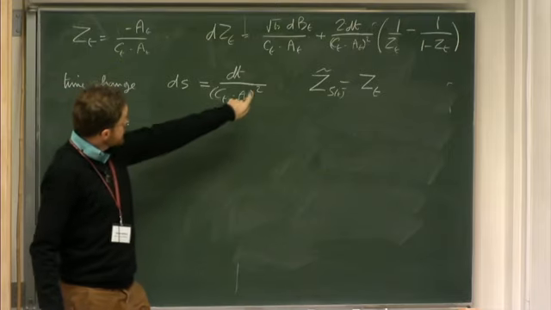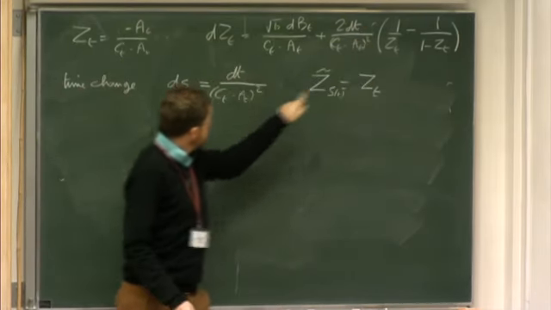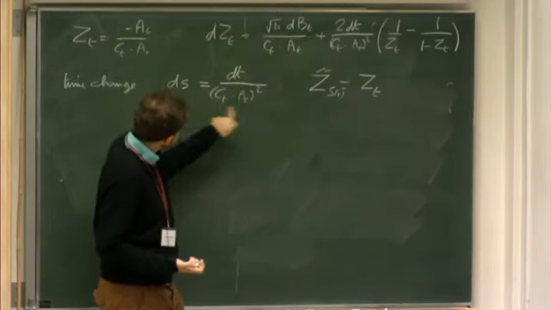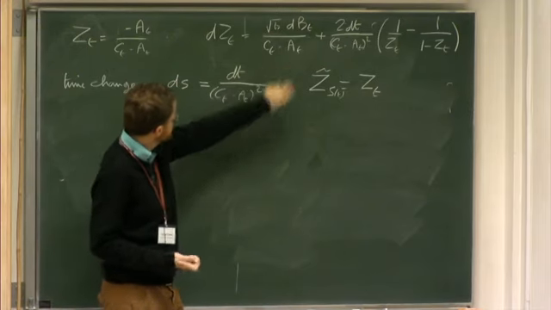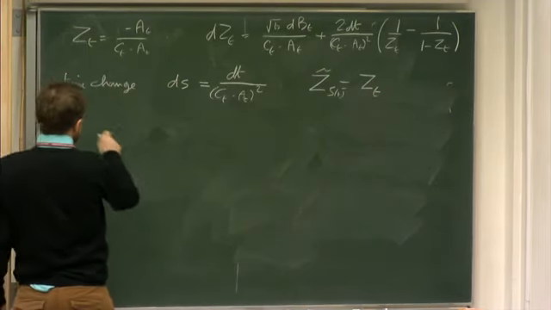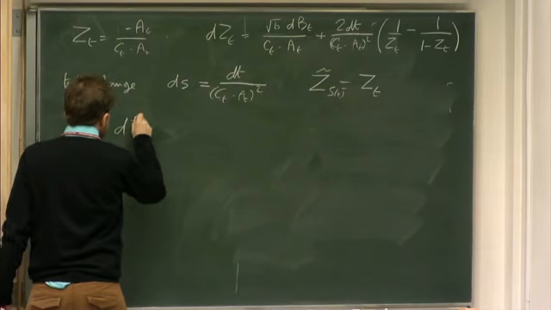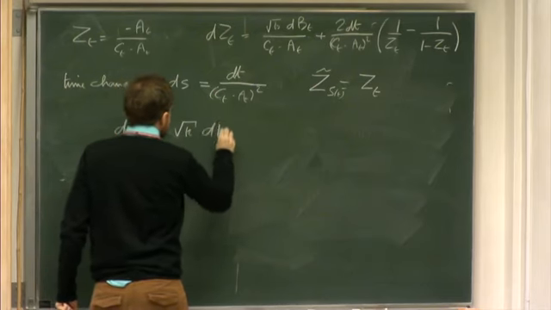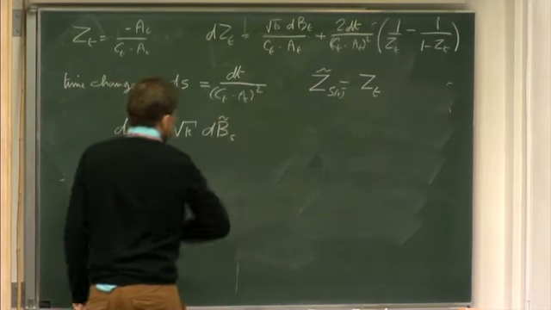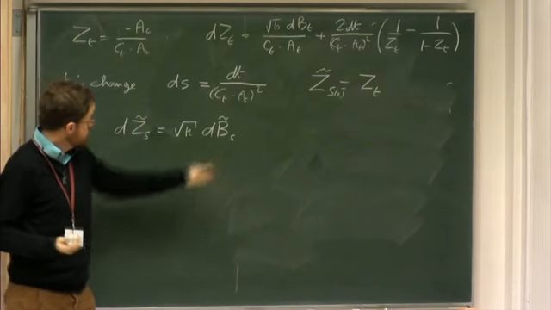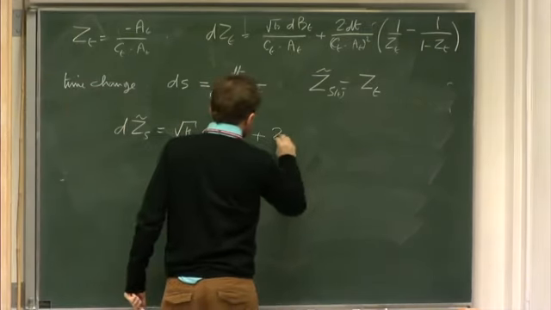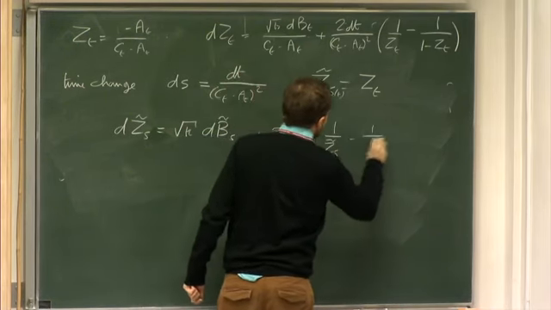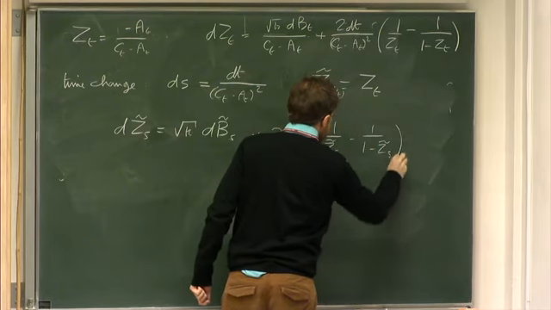It will act linearly in front of the dt term, and it will act according to the Brownian scaling in terms of the Brownian term, so it will take a square root of this, which is exactly this. So what we get is that dZ tilde_s is square root of kappa d B tilde_s, which is a Brownian motion, plus 2 ds times 1 over Z tilde_s minus 1 over 1 minus Z tilde_s.